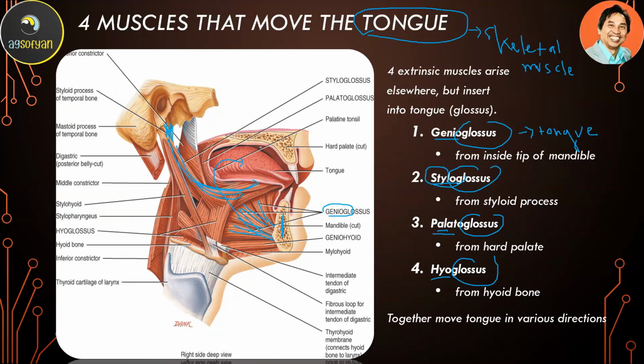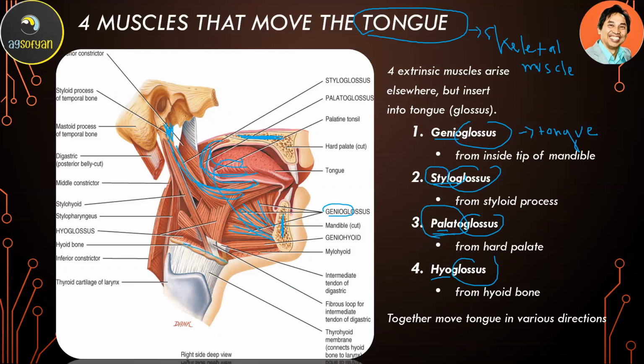Palatoglossus, the name is telling you, is coming from the upper jaw, the palatine. There is a group of 2 bones on the roof of our mouth called the palatine. When the origin of the muscle comes from this palatine and goes to the tongue, this muscle is called the palatoglossus. And the last one is hyoglossus.